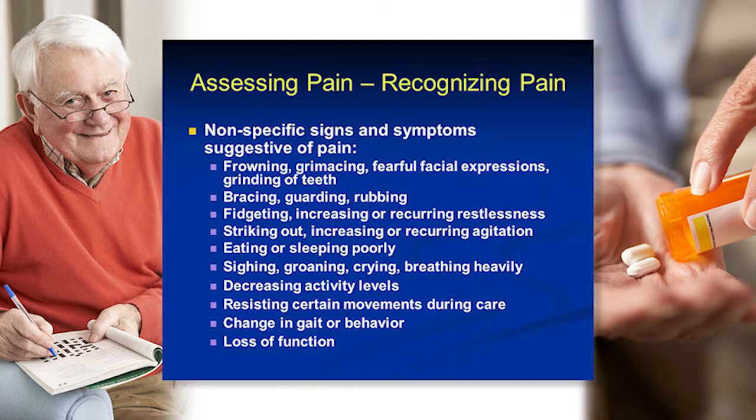For example, when someone is dressing or bathing, if they avoid being touched in a certain area or avoid moving an arm or a leg in a certain manner, that may indicate pain is going on there. Anytime you see an individual changing their gait, the way they walk, or changes in balance, and certainly maybe falls or other things like that, it might indicate pain that's ongoing that's not being expressed.